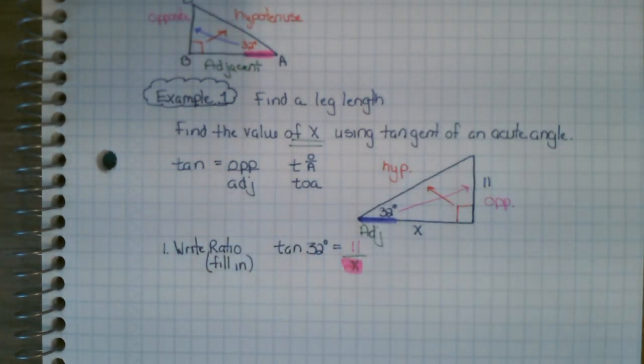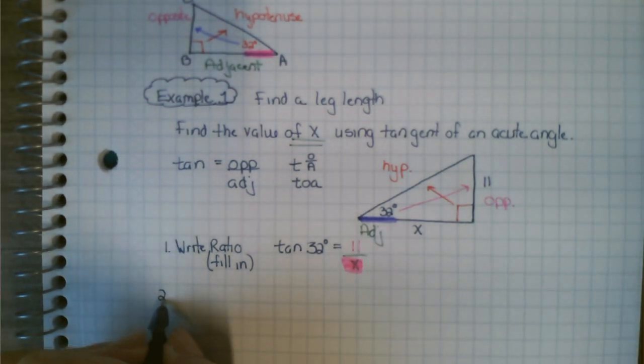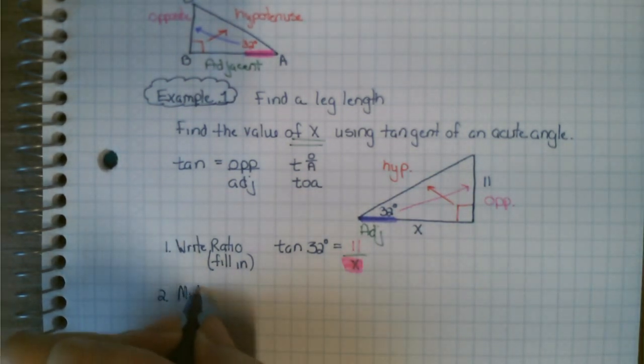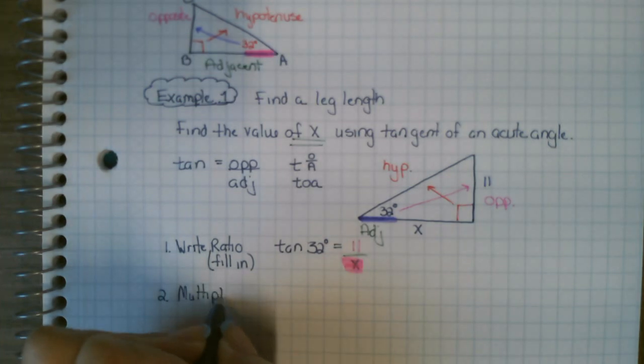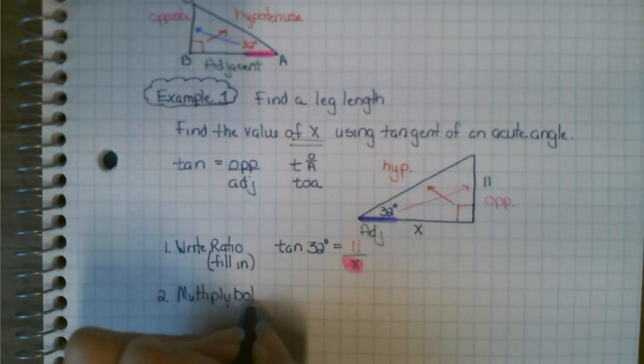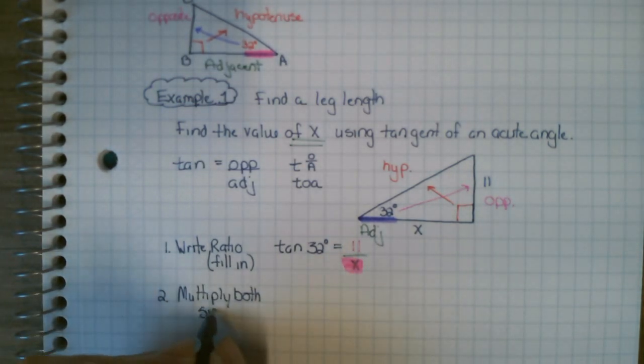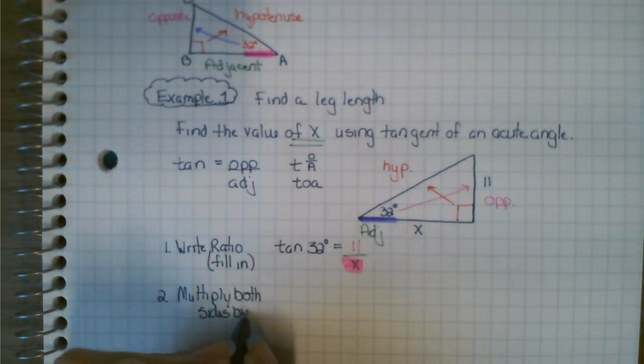In order to do that, you have to multiply both sides by X. So step number 2 is multiply both sides by X.